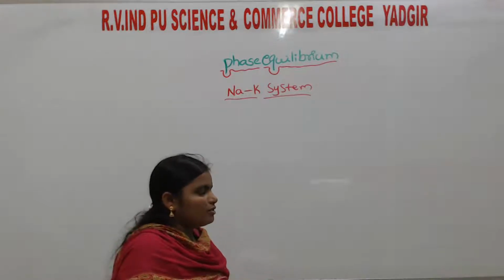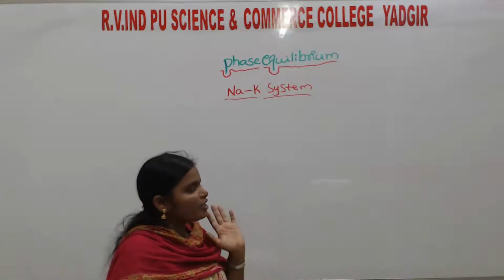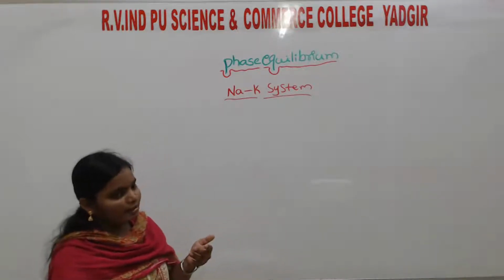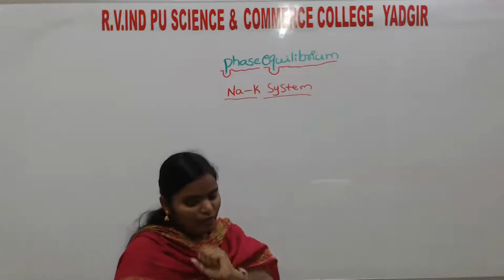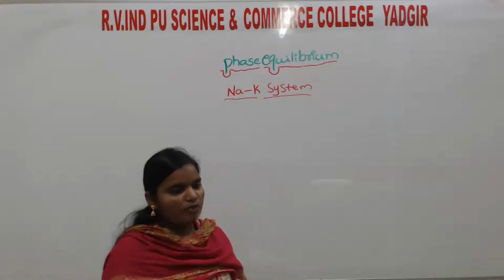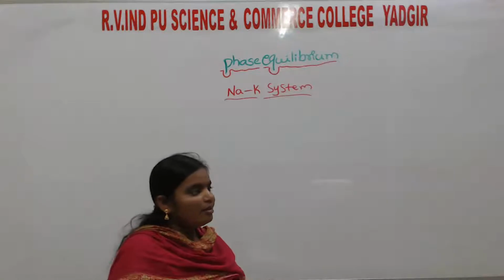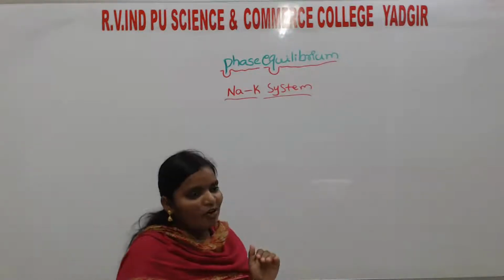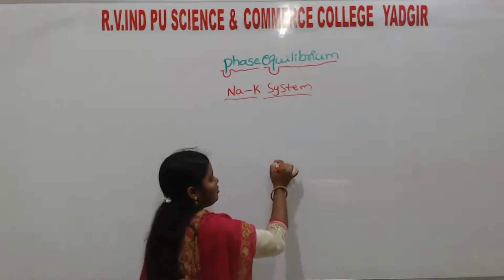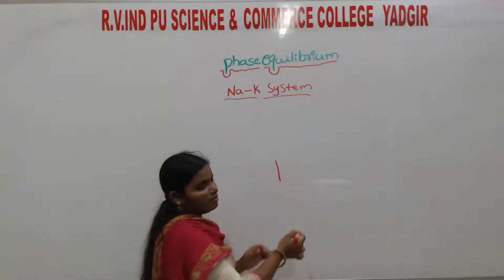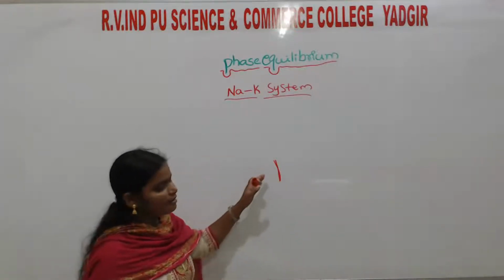When you freeze your mixture, at a particular point a new solid phase is formed and a solution having a different composition. But in a congruent melting point, it melts with the same composition.